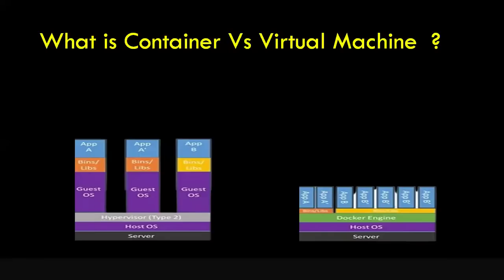So the simple analogy for the difference between Docker and the virtual machine is this. Let's say you are a bachelor looking for a rental room. You have two options. One option is renting an entire flat itself.